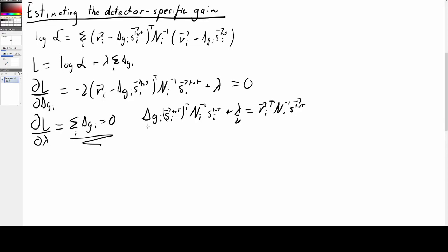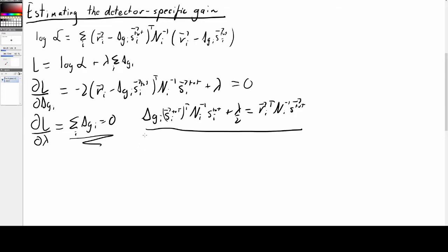And this makes sense, because if we let lambda be equal to 0 here, we end up with the exact same equation that we had before, where we had delta g_i equal to the residual times the signal divided by the signal squared.